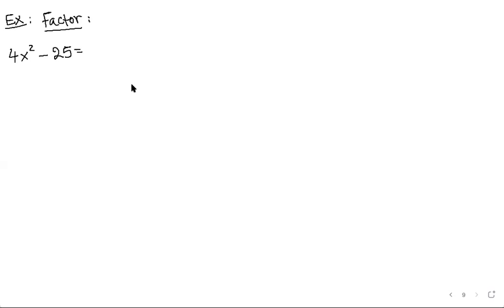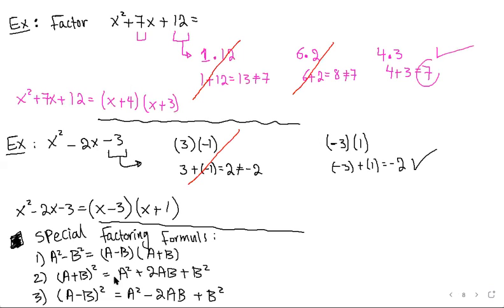By using, is this a perfect square, do you think? Look back. Yeah, it looks like this, right? Now, what about the first one? It's not perfect. The perfect squares are number 2 and number 3. Number 1 is called difference of squares.